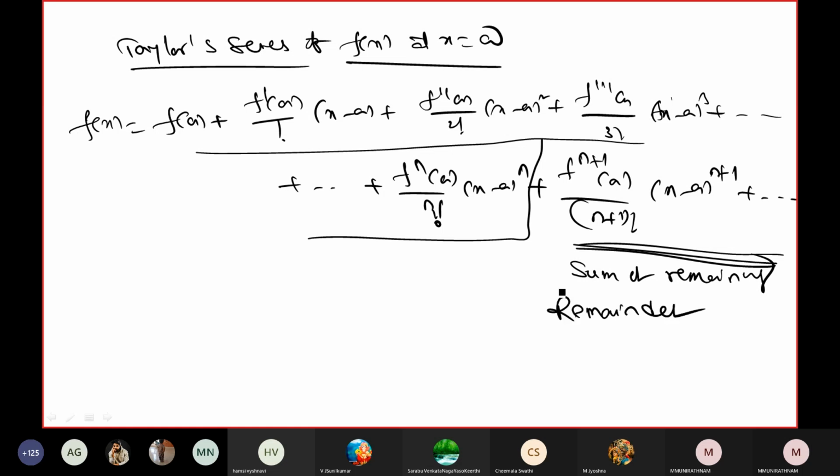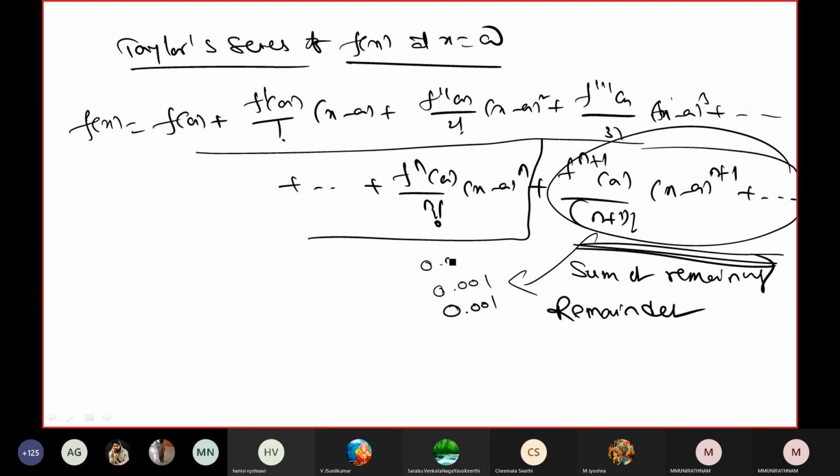We can estimate this remainder, meaning we treat the series expansion of any f of x up to the nth term as sufficient, so there is no need to go further. Whatever terms come after n, we treat as having a very small quantity, like 0.01, 0.001, 0.0001.